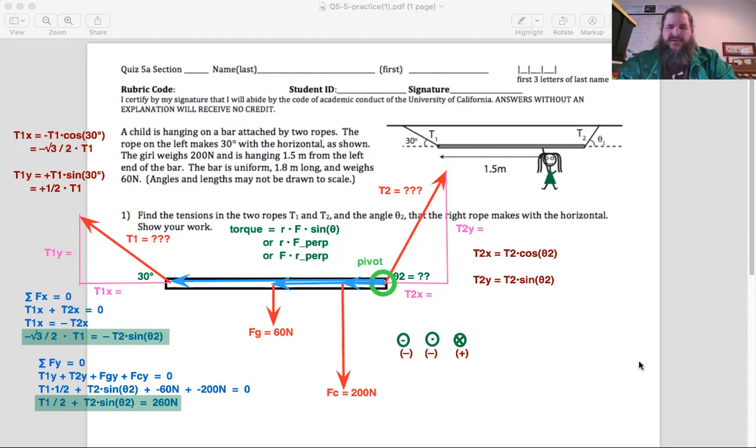And the sum should be 0. So that's our torque equation, that the torque from gravity plus torque from the child plus torque from rope number 1 adds up to 0. Any questions on that equation so far?